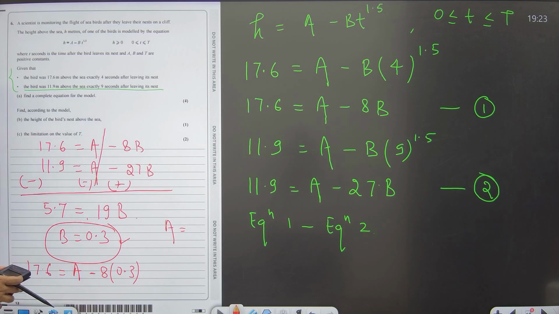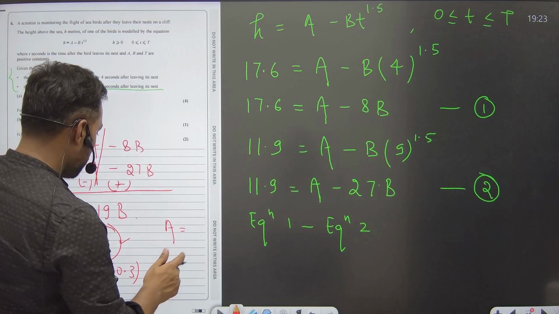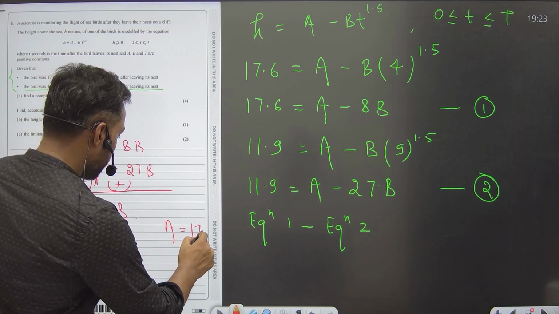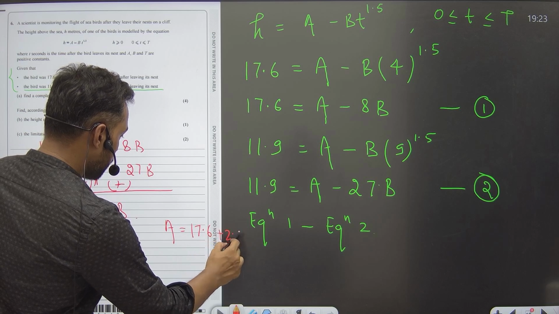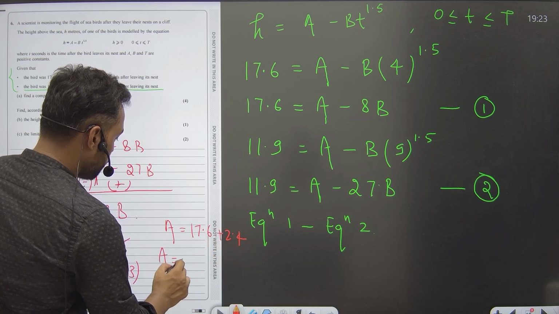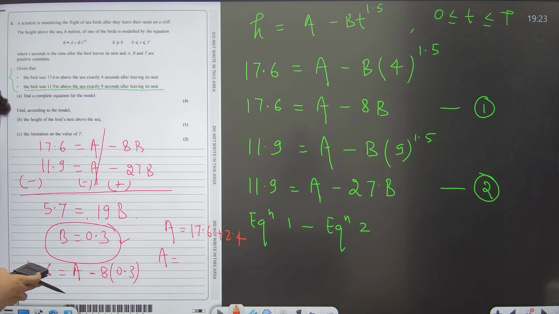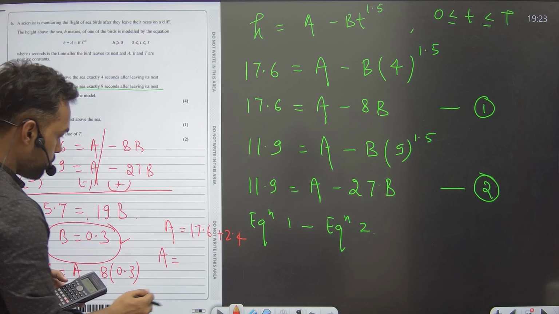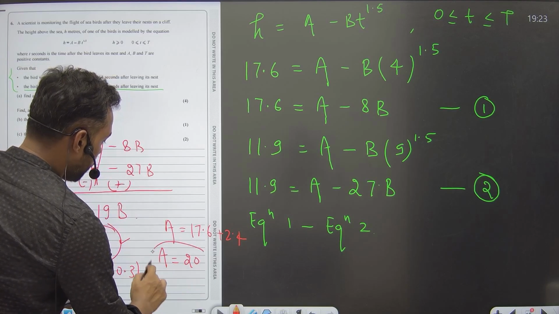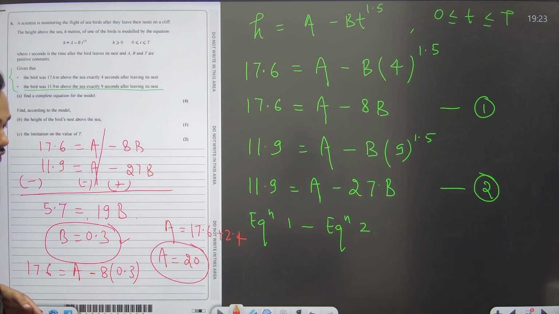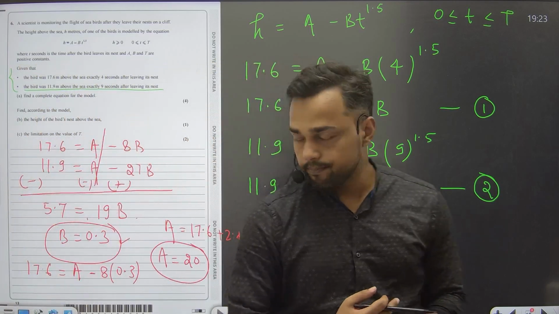So 0.3 into 8 will be 2.4. So 17.6 plus 2.4 will be equal to 20. So A we have got as 20 and B we have got as 0.3.